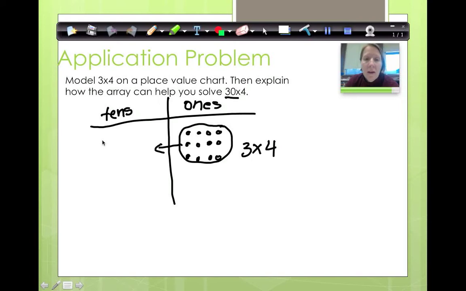When we move this over to the 10 spot, now we have 30, not 30 tens, we have 3 tens. 3 tens times 4, or 30.